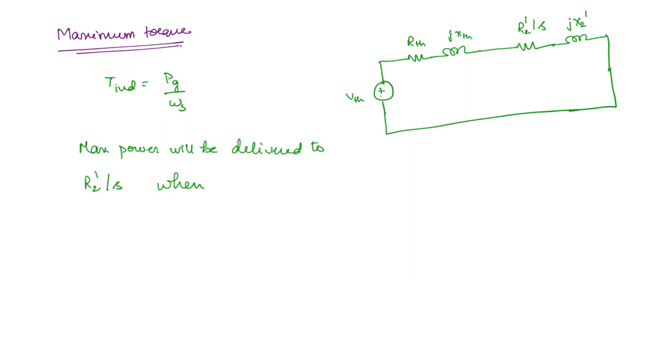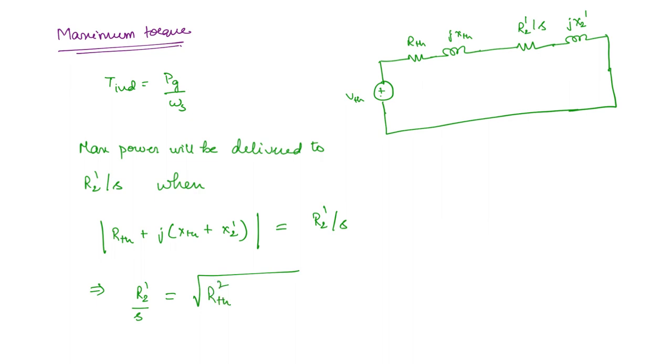So what is the impedance that we have? RTH plus J times XTH plus X2 dash. So the magnitude of this should be equal to R2 dash by S, okay? So that means R2 dash by S is equal to root over RTH square plus XTH plus X2 dash whole square.